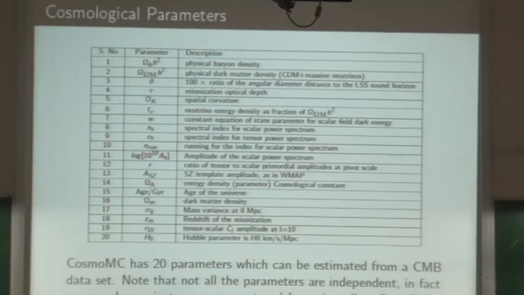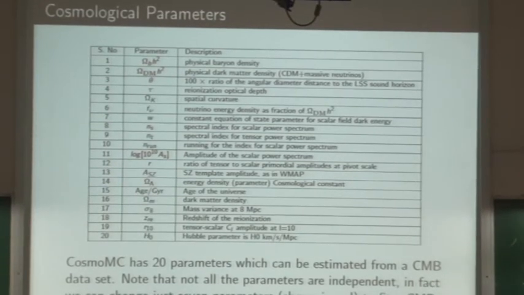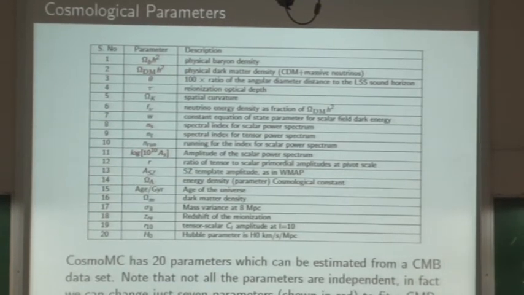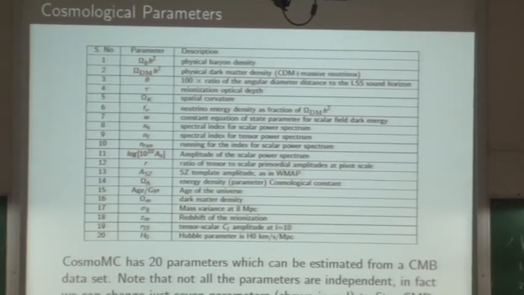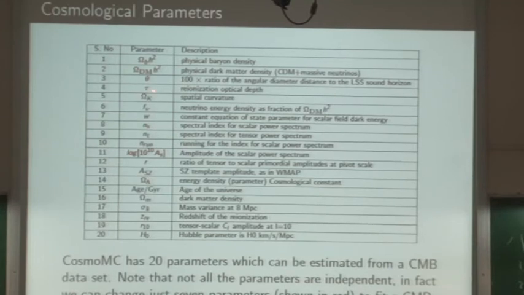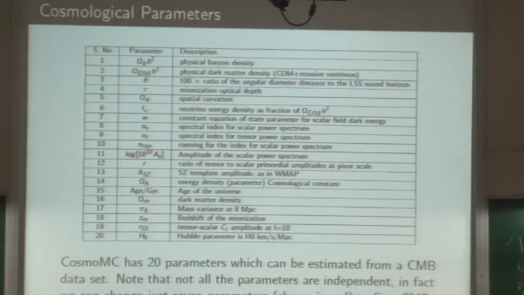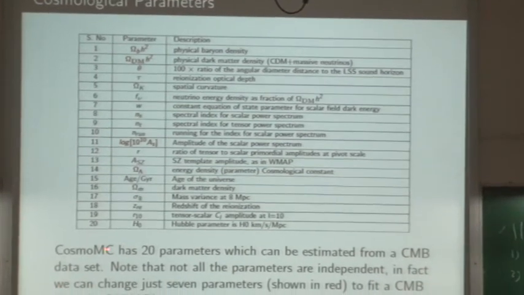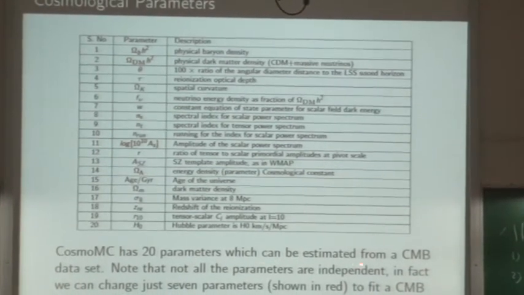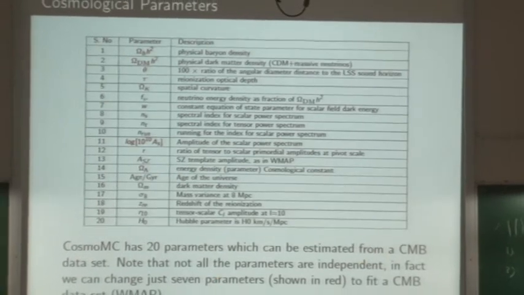There is a last scattering surface from which the CMB photons are coming, and it has an angular size, theta, which also affects the CLs, and there are all sorts of parameters. CosmoMC has 20 parameters which can be estimated from a CMB data set like WMAP.